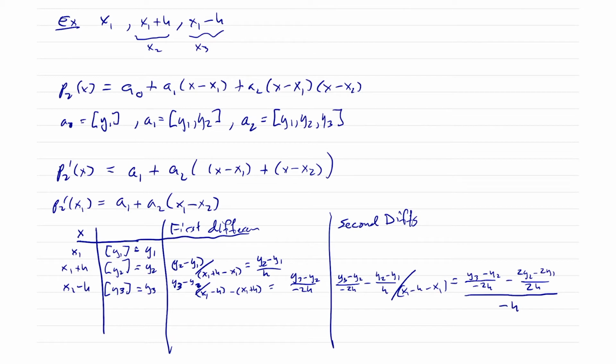All right, and so continuing this, just using the space here, let's see, we're going to have minus y3 plus y2, and they're subtracting 2y2, so we get minus y2, and then we're going to get plus 2y1, and all of this over 2h.